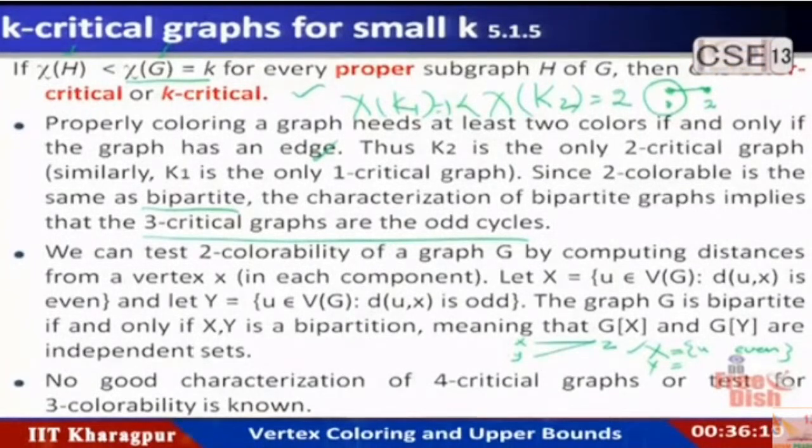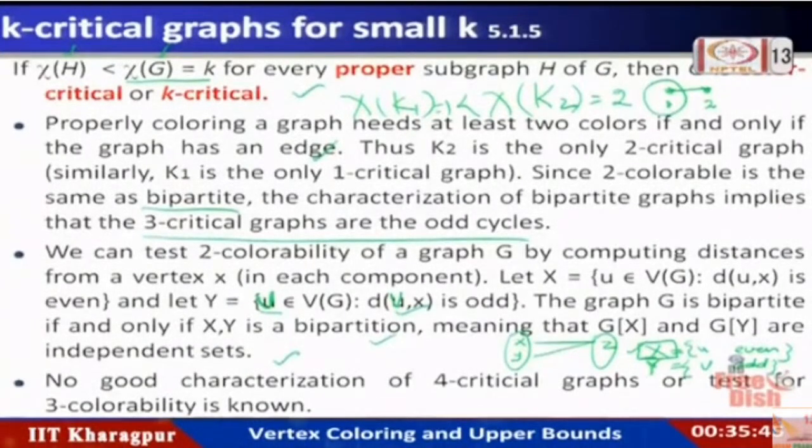Similarly, the Y set is all such vertices, let us call them V, whose distance from X is always odd in parity. So we obtain 2 different sets, a bipartition of the graph. Hence this graph is a bipartite graph, and each of X and Y is an independent set.